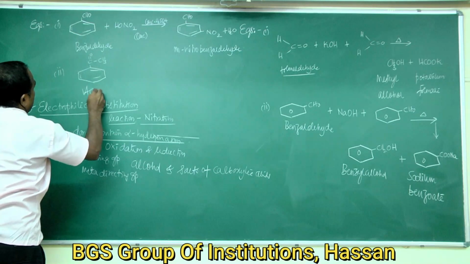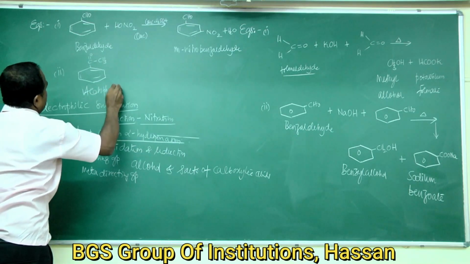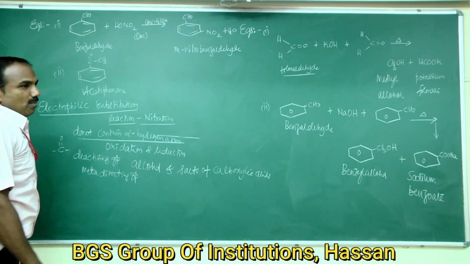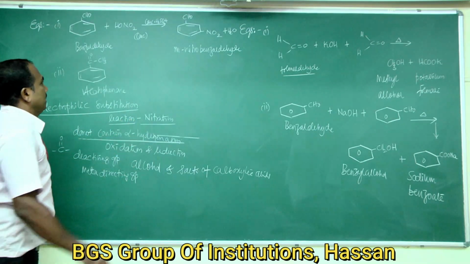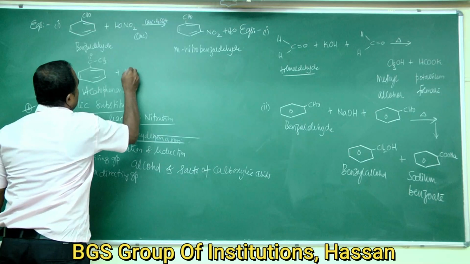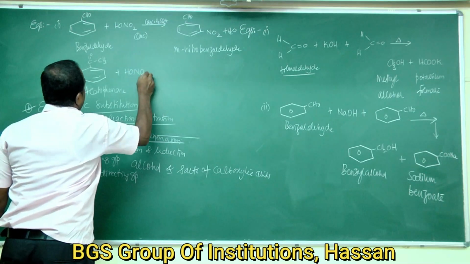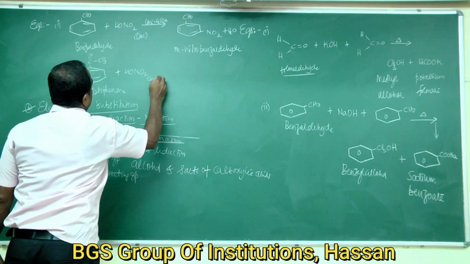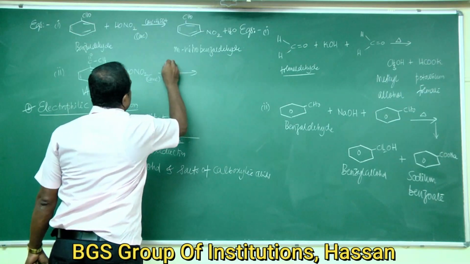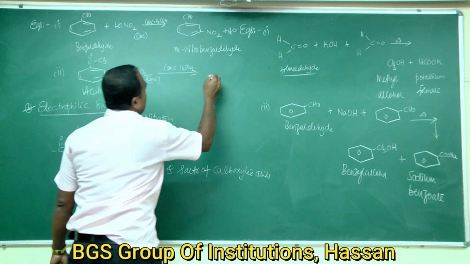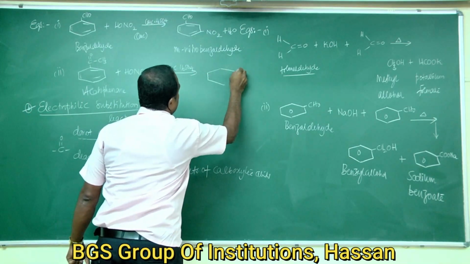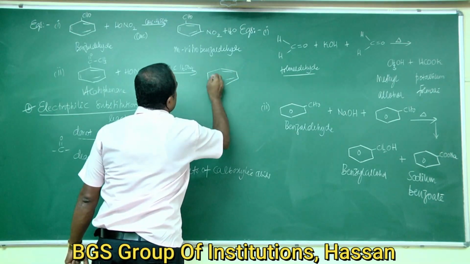This is acetophenone. This aromatic ketone, as well as the aromatic aldehyde, will undergo electrophilic substitution reaction, that is nitration. When it is heated with nitric acid in presence of concentrated sulfuric acid, meta-nitro-acetophenone is formed.